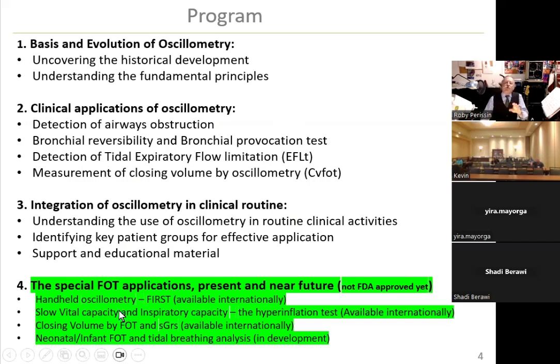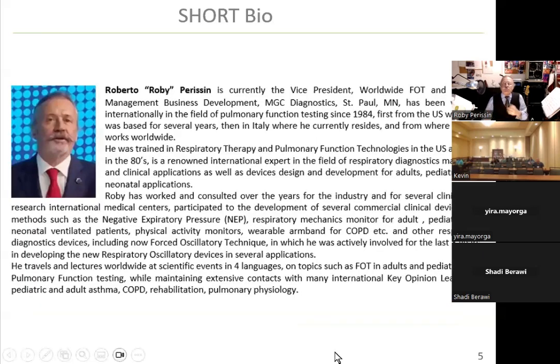For section number 4, I'm just showing the title to tease everyone, because there is a lot more coming now on oscillations, such as the handheld device that can be taken around. So think about going to the patient's home or to other labs, and other tests that will be coming out. But today we will focus on the main test, which is oscillometry.